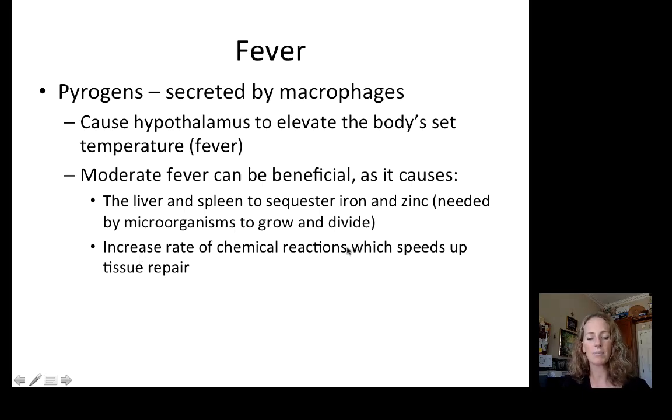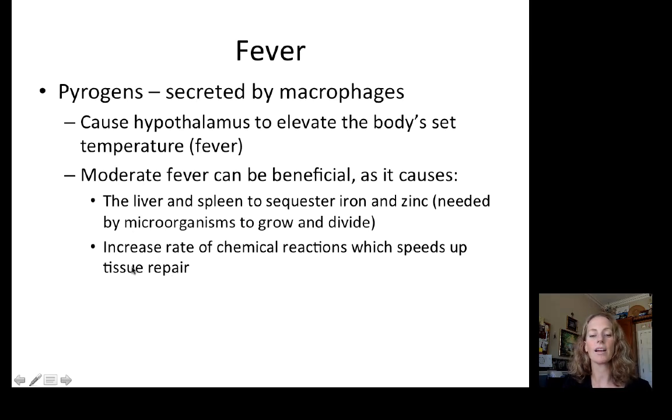So think back to chemistry. The more you move a molecule with heat, the more active it can be, to a certain extent. That can actually speed up chemical reactions and enzymatic repair of tissues. It can also cause the liver and the spleen to sequester iron and zinc. Iron and zinc are needed by microorganisms to grow and divide, so that will help prevent microorganism growth.